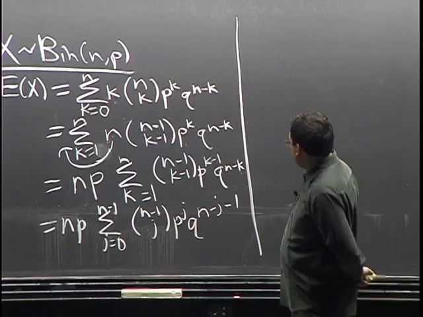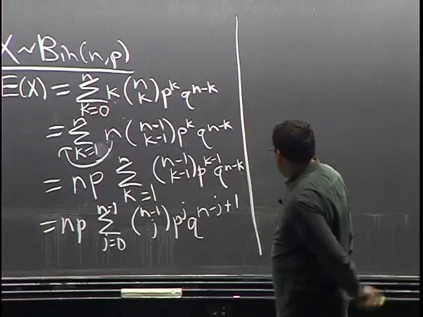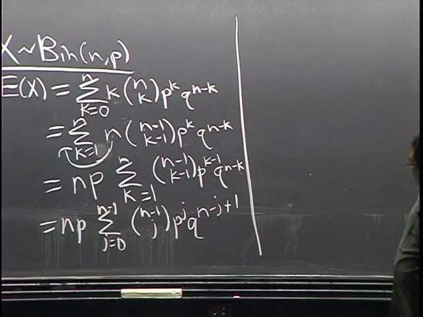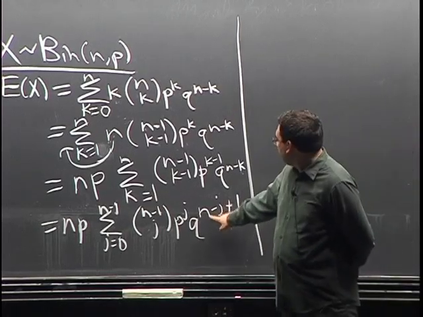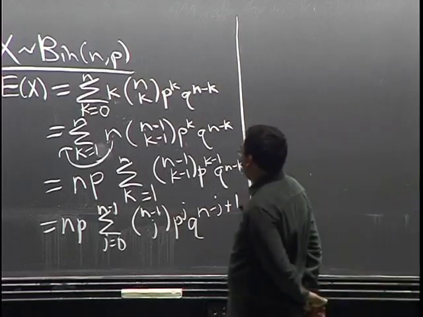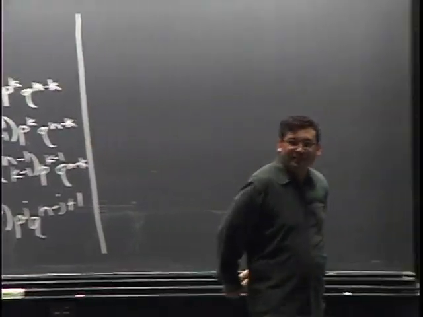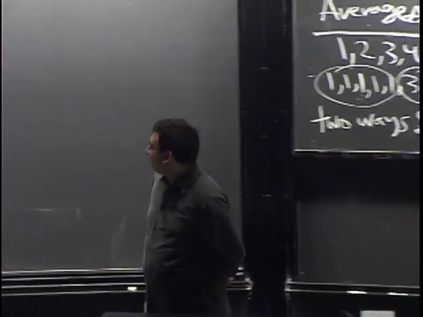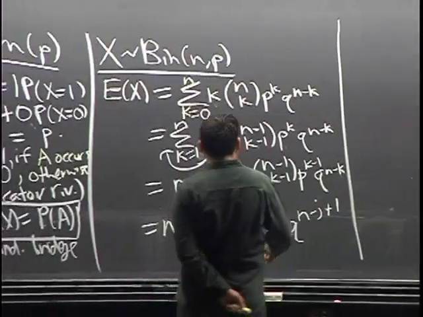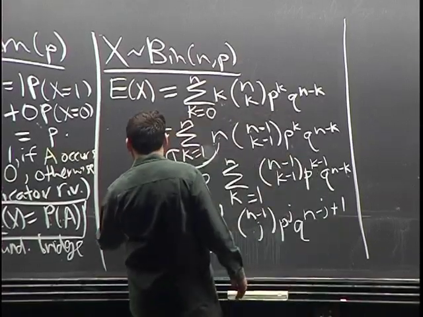So I'm just letting k equal j plus 1. Let's see, so that becomes a plus? I guess that's a plus. Well, that doesn't look right. I don't want to pull out a q. The way this goes is that we're letting j equal k minus 1.